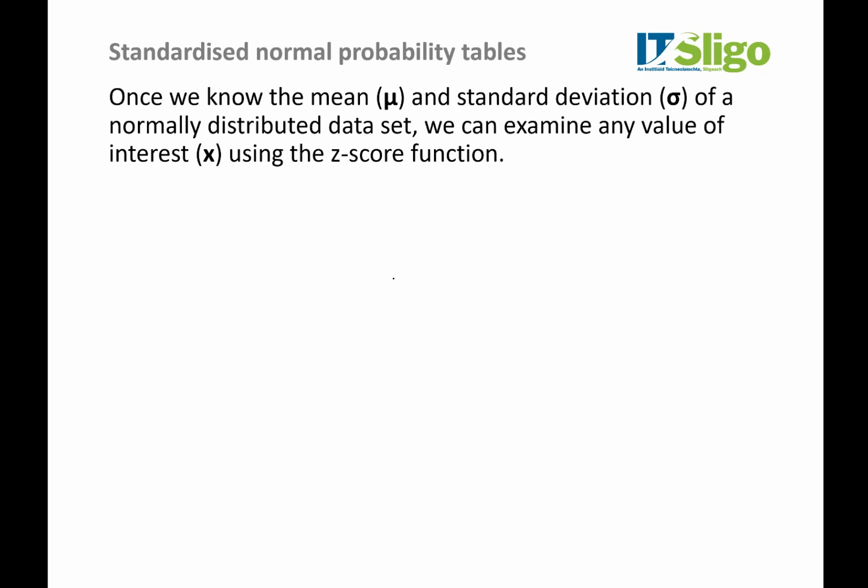So once we know the mean and the standard deviation of a normally distributed dataset, we can examine any value of interest x using our z-score function. In any question, you will always be given the mean and the standard deviation, and you will be told that it is normally distributed, which gives you license to use the z-score and to use the tables.